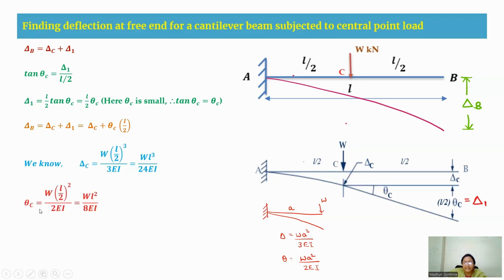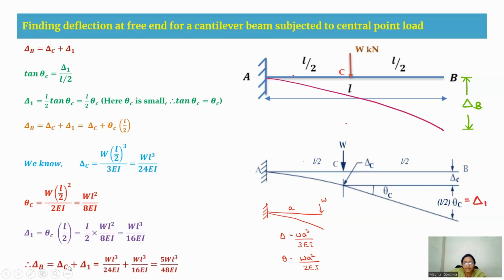Similarly, theta C is WA square by 2EI, that is W into L by 2, where A is L by 2. When you substitute this, you get WL square by 8EI. After getting these two, we add delta C and delta 1, where delta 1 is theta C into L by 2.